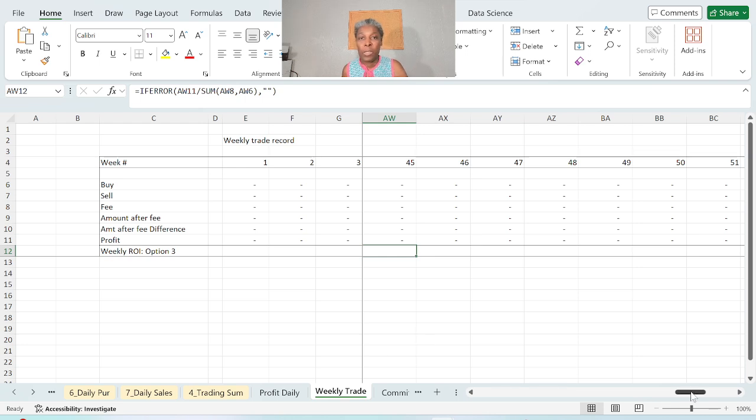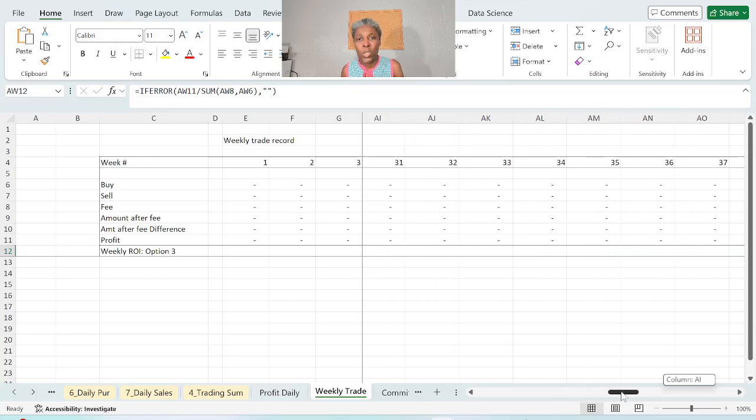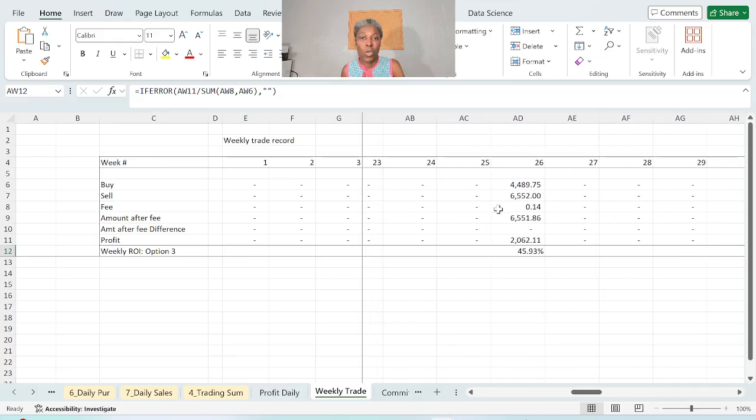Again, because I have week, year, months, the formula on that tab is going to be pulling things based on those as well. So weekly trade, here I'm summarizing the report, how much I purchased, how much I sold, the fee that I pay, and then the profit.